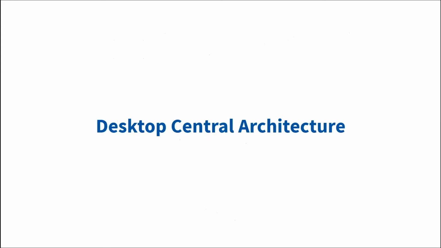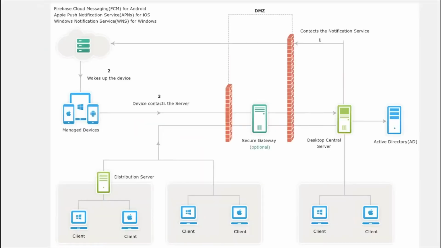All right. So let's have a quick look at the architecture of Desktop Central. Desktop Central is an on-premises solution, and it works as a client-server model. So here is the architecture diagram of Desktop Central.